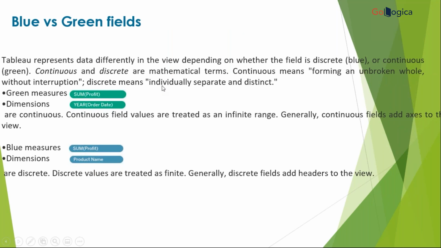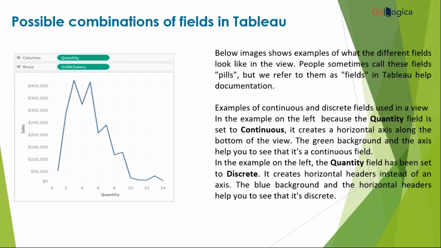So blue versus green fields. Most of the dimensions will be in blue color and most of the measures will be in green color, and there will be blue measures and there will be green dimensions. So that we have discussed. So these are the combination fields which are there in Tableau.